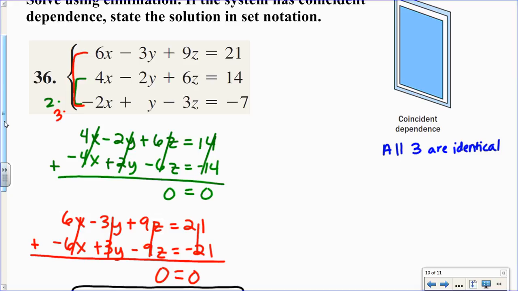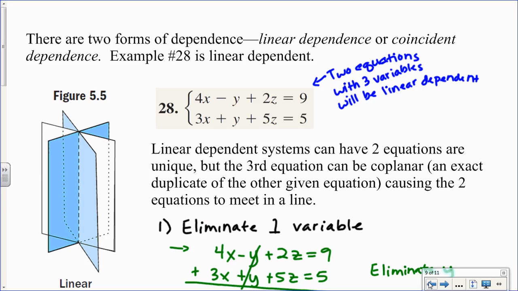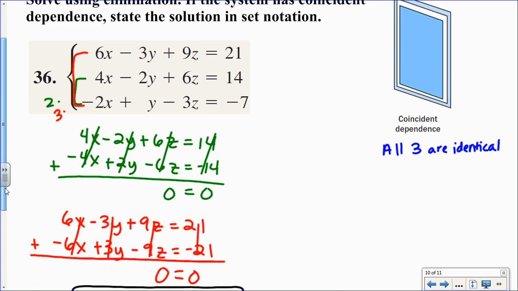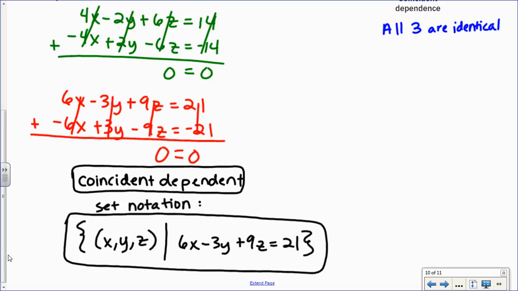So starting here would be like starting here. Now, if you just start with two equations, you know it's linear dependent. It's just taking off that extra step of having the identical equation there.